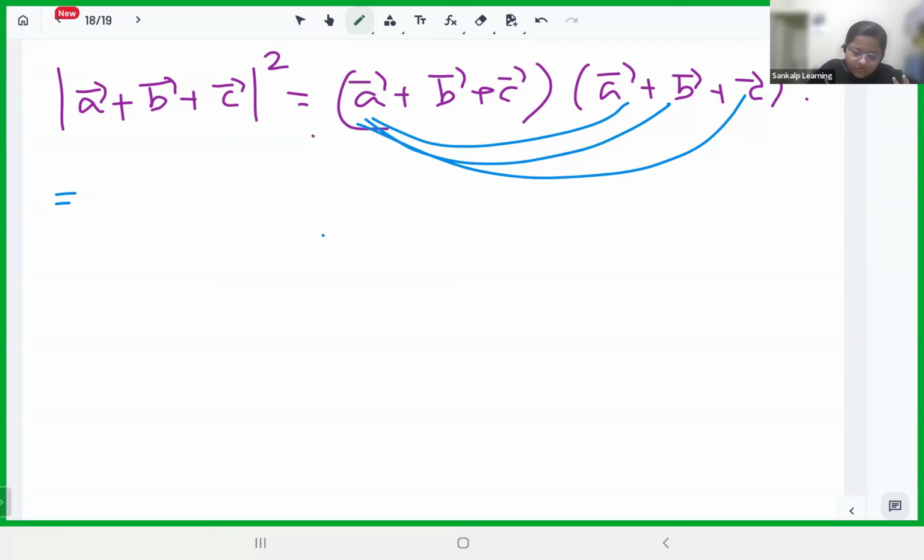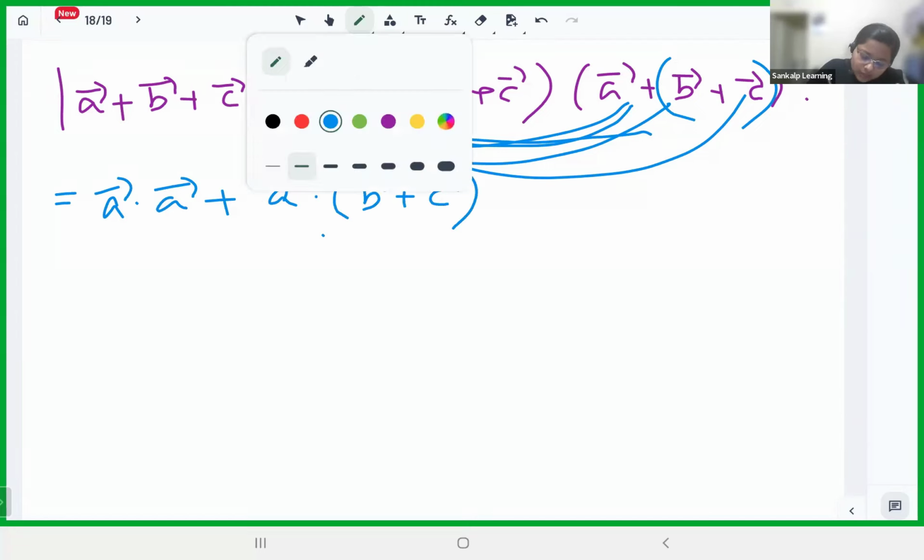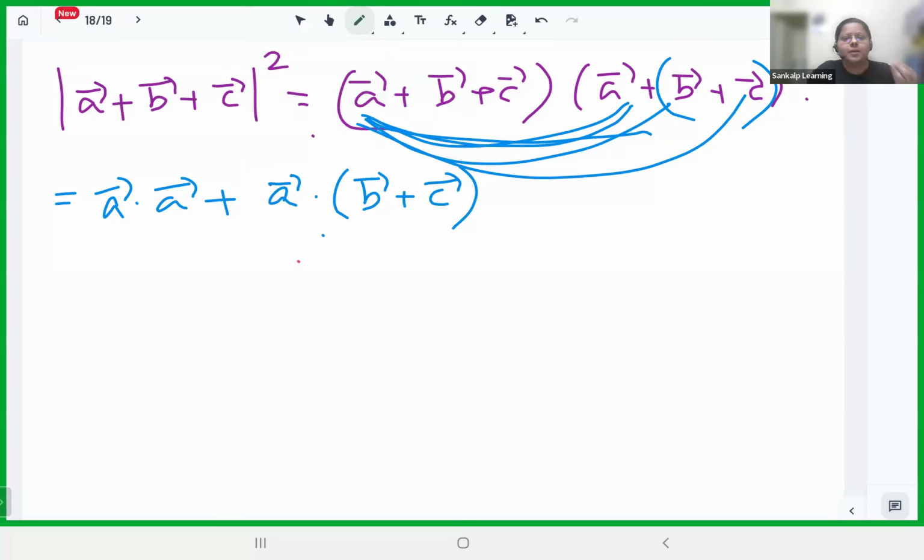First you multiply vector A dot A, then take B plus C together as a team and multiply it with A, which means A dot B plus C. I'm doing it like this because they have given that A dot B plus C is 0, so we don't need to expand it and then simplify it to apply the condition. We can directly apply the condition that A dot B plus C is 0, so I'm not taking vector A inside the bracket of B plus C.